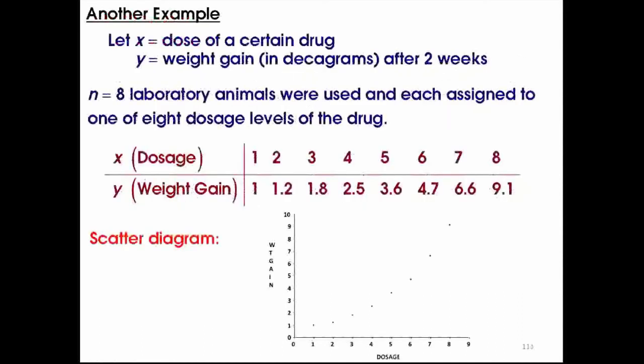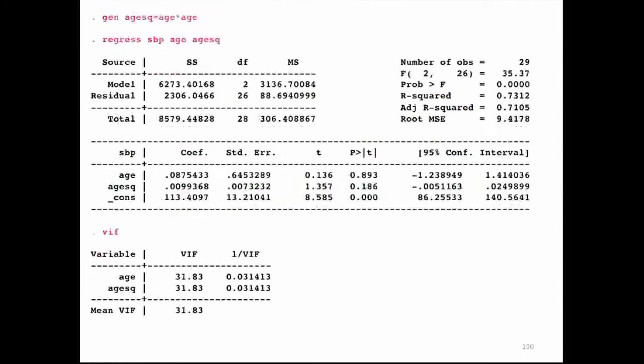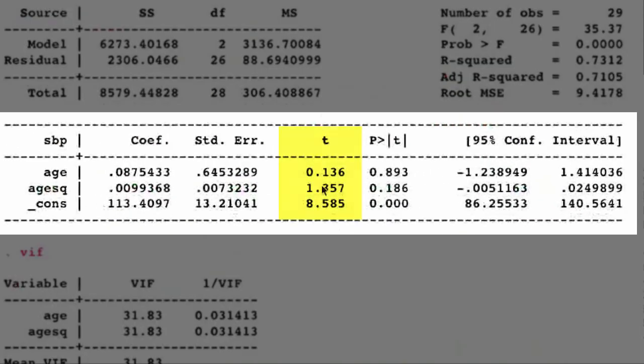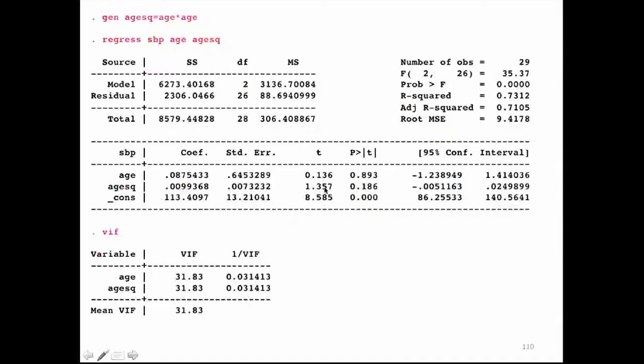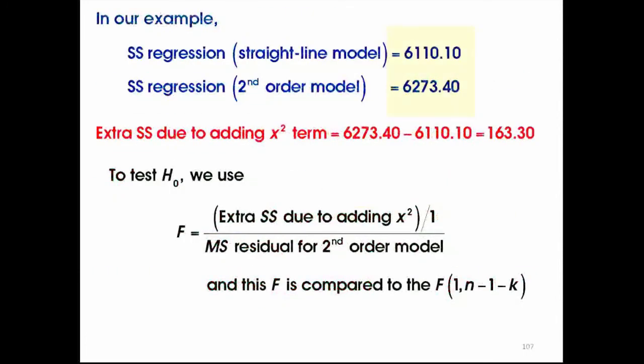So that's the way to read the t-tests that we see from the table. These are in fact partial F tests, and they're done just the way we said. You look at the difference between the sums of squares for the full second order model and the straight line model. You get the difference in sums of squares divided by 1, divided by the mean square residual of the full second order model, and that is what we call the partial F test.